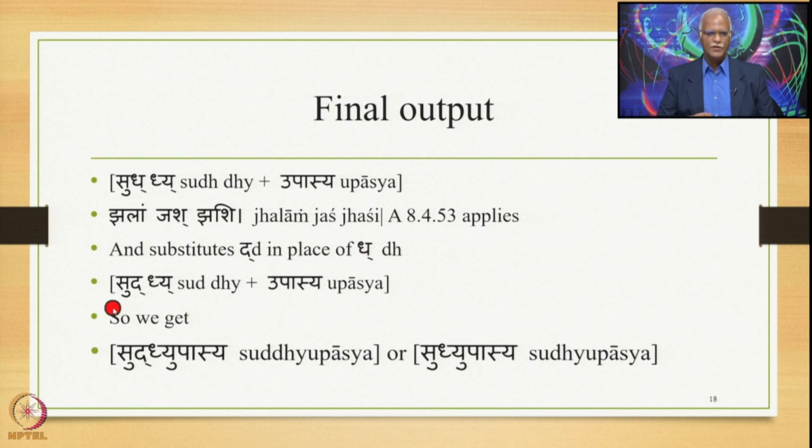So now we have su, d, dh, ya and upasya, and so we get these two forms su, d, dh, ya, upasya, sudhyupasya, or the optional non-reduplication. So you have sudhyupasya, sudhyupasya. These are the two forms that are finally generated, and in the derivation of these two forms the sthanivat bhava plays a very crucial role.